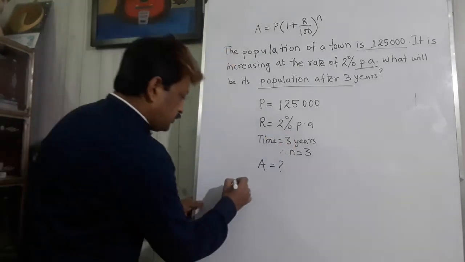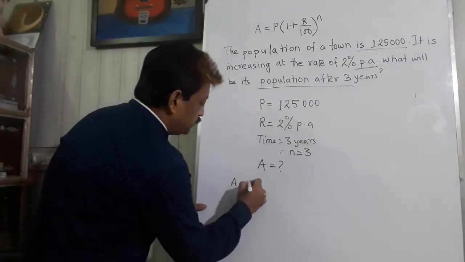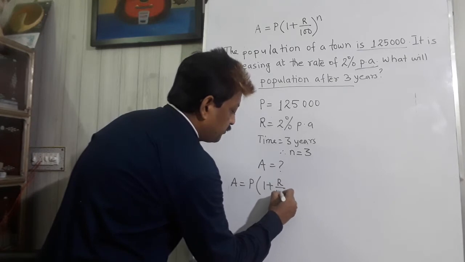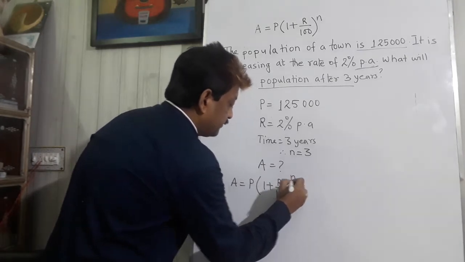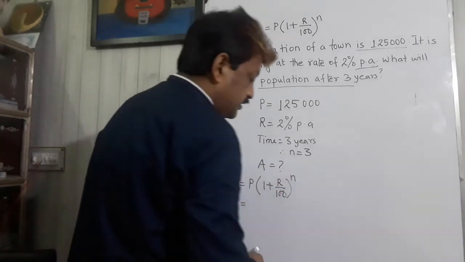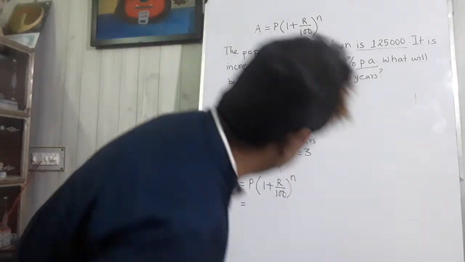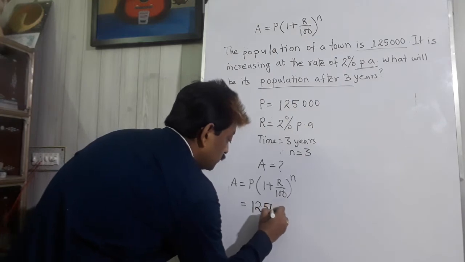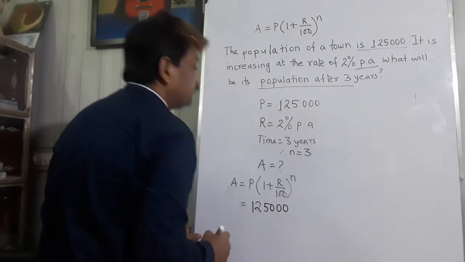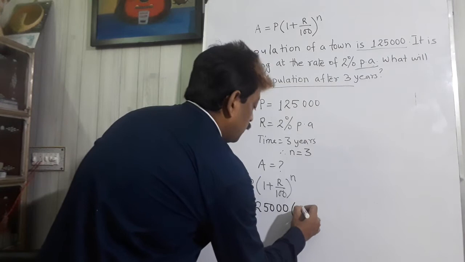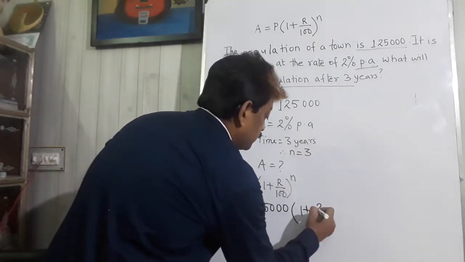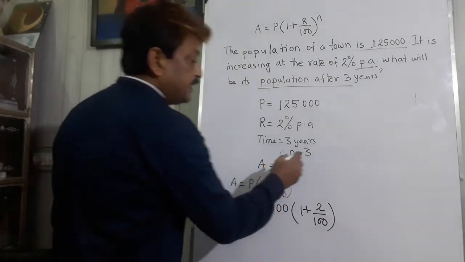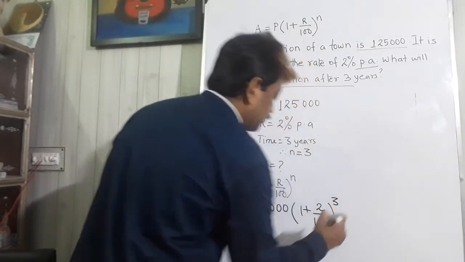So again, let us use the formula. A equals P multiplied by 1 plus R upon 100 to the power n. So here P is given, P is 1,25,000. R is given as 2%, 2 by 100, and time is given as 3 years, that is n is 3.